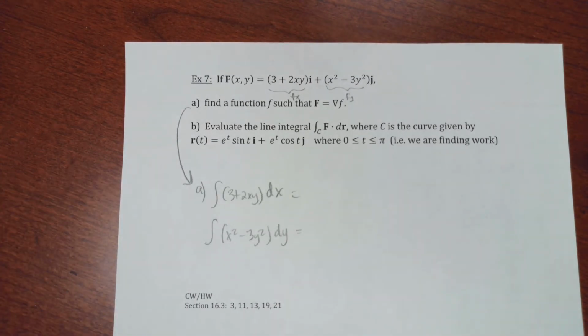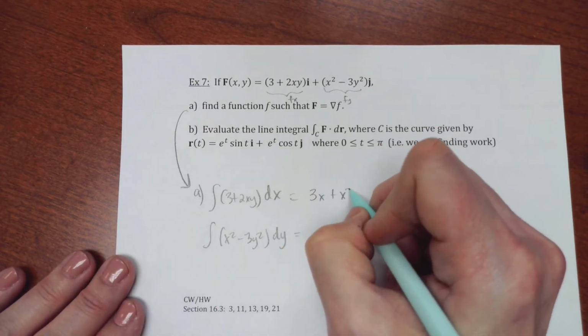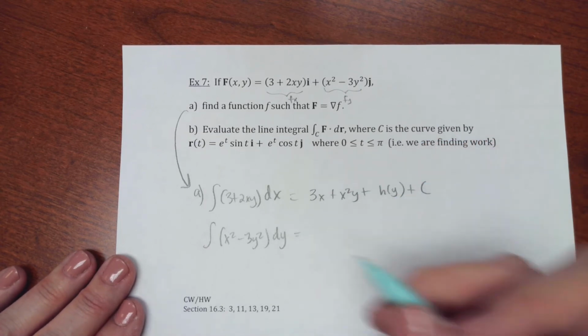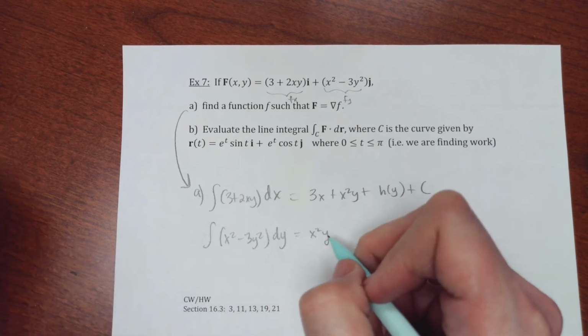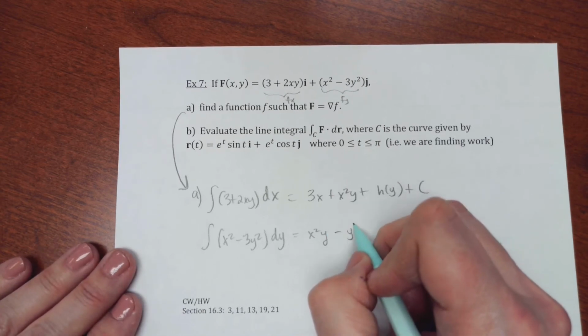All right, so my integral here is 3x plus x squared y plus a function of y possibly plus a constant. And down here I would have gotten x squared y minus y to the third.